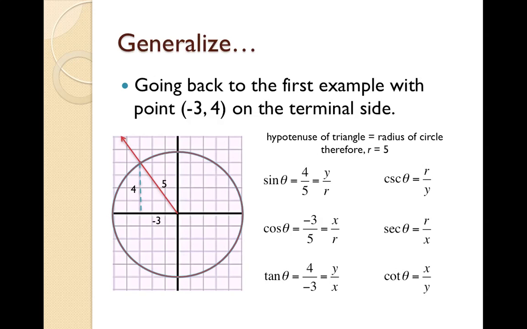Okay, so there's this general formula now that if we know the ordered pair of the point where the terminal side of our angle crosses the circle that the point would make if it had a little trail on it, then we can come up with sine, cosine, tangent by using these formulas rather than having to draw it all out and create a right triangle out of it.